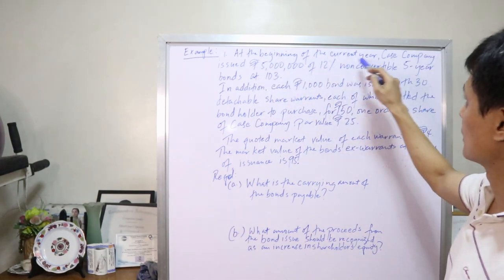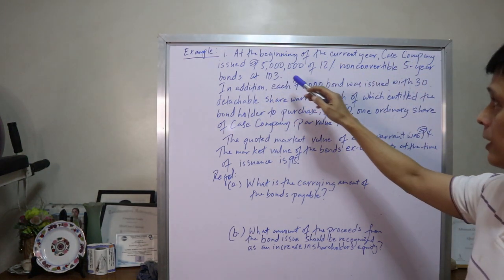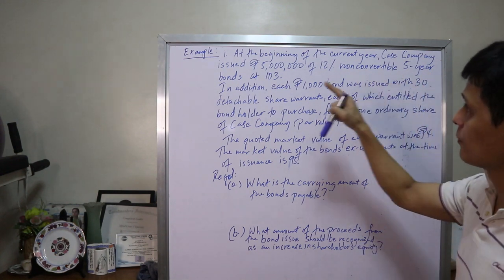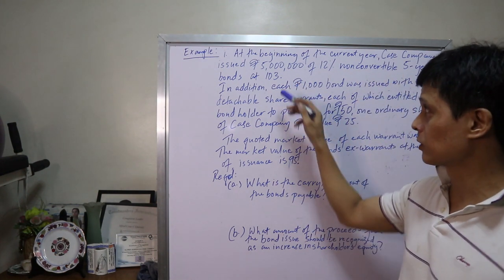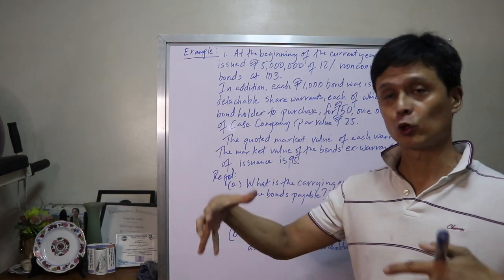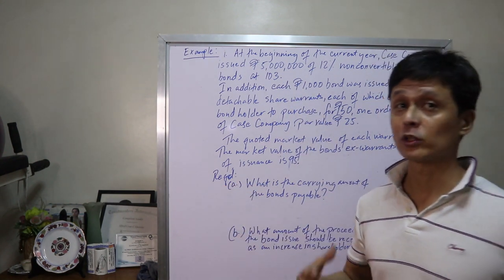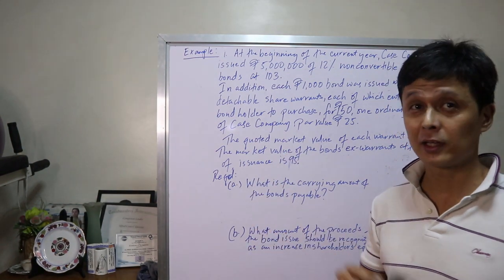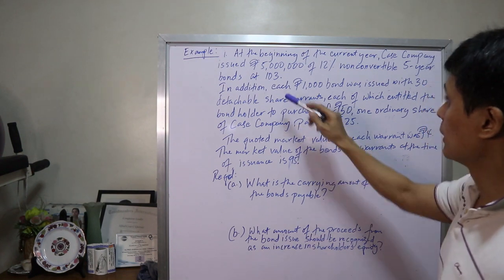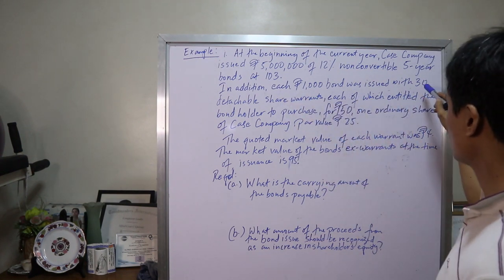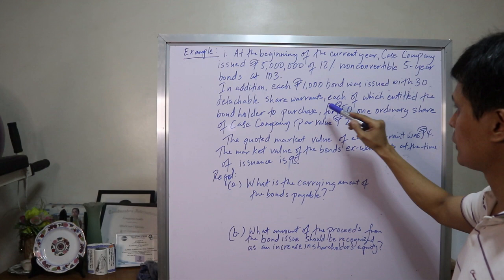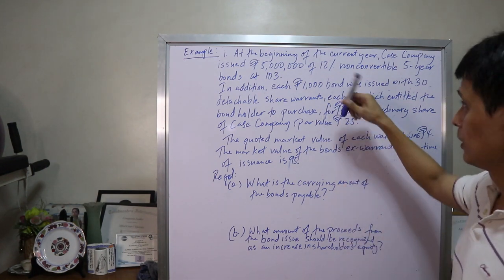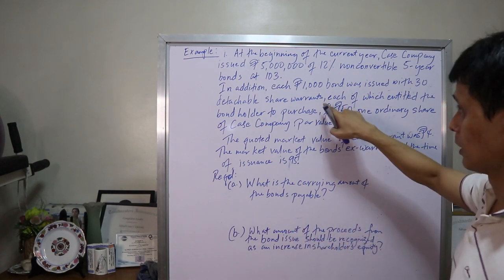At the beginning of the current year, Case Company issued 5 million of 12% non-convertible 5-year bonds at 103. So dito sa 103 na yan, kasama na dito yung compound financial instrument, which include yung liability component and the equity component. In addition, each 1,000 bond was issued with 30 detachable share warrants. Okay, so may kasamang shares yun. So kaya dalawang components yun.